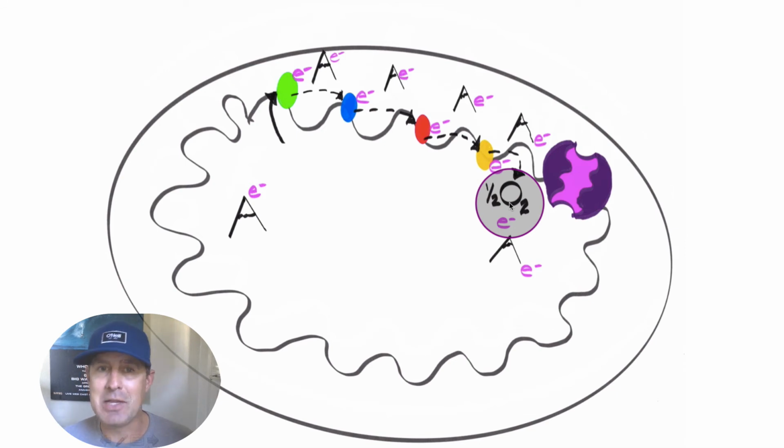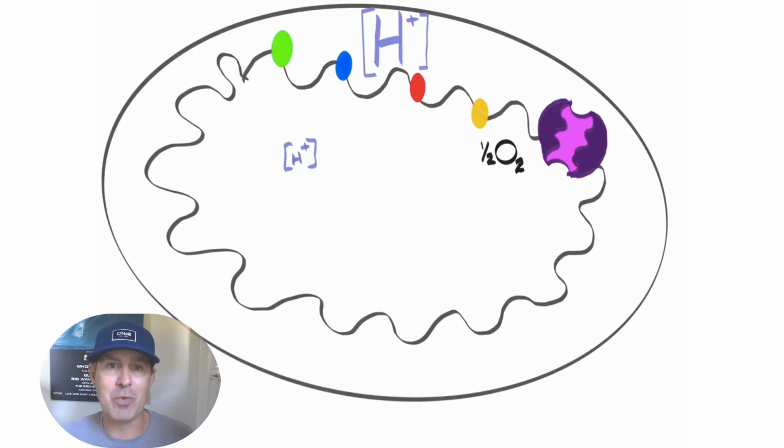And that's exactly why we breathe in oxygen. So oxygen can serve this role in the electron transport chain. That is to say, it's the ultimate reason why these electrons are jumping from one protein to the next, terminating at this oxygen atom. So one might ask, why are we doing this?